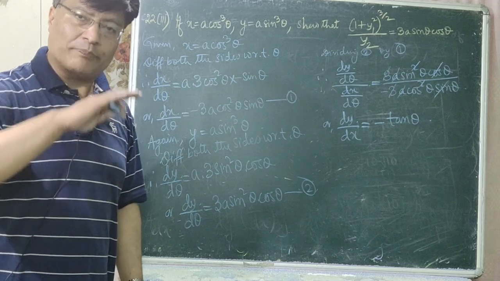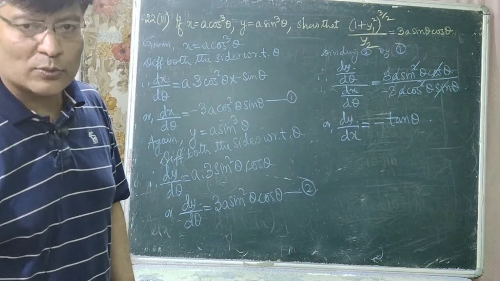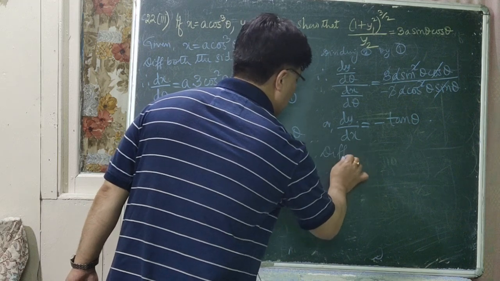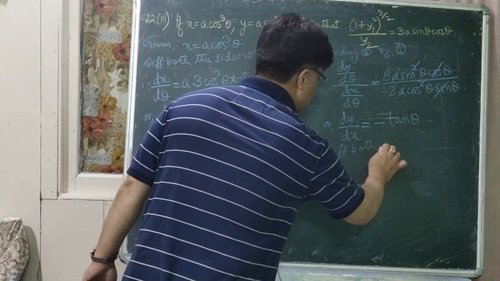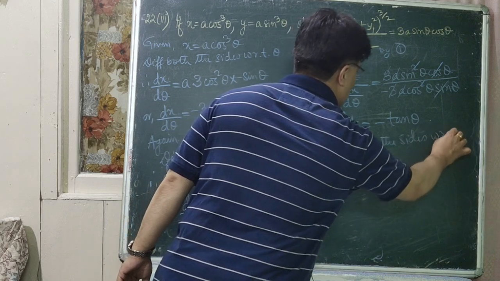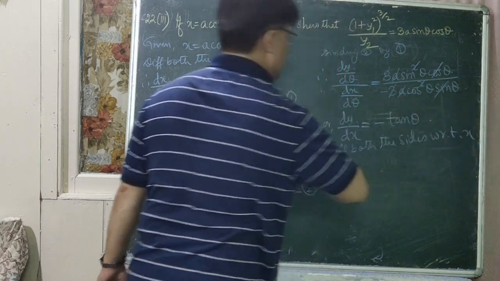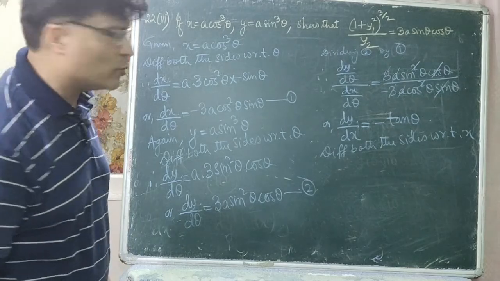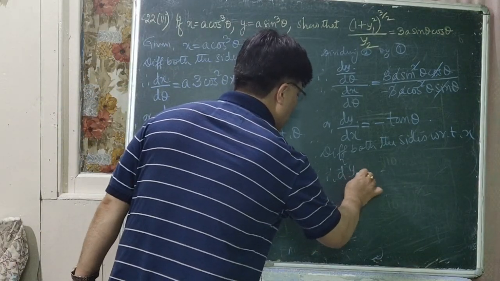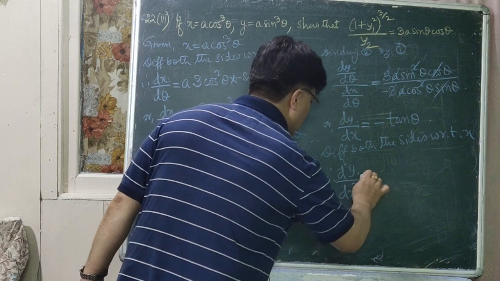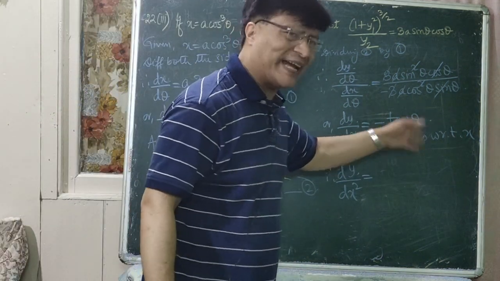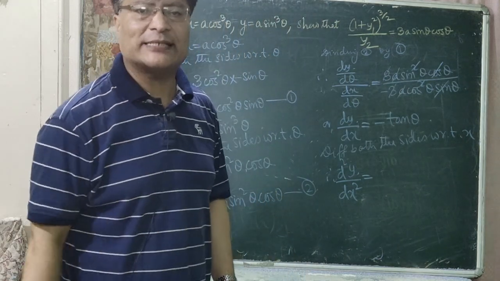Now what will you do? Again you have to differentiate it with respect to x. So differentiating both the sides with respect to x. So now this will be d2y by dx squared, which is equal to, now on the right hand side, this is in the form tan theta, you should take it as tan x.